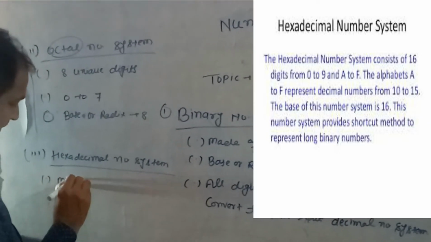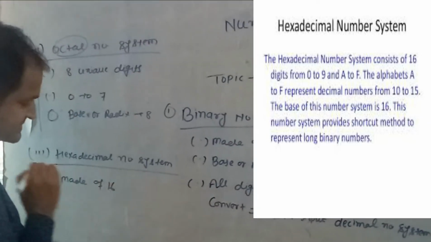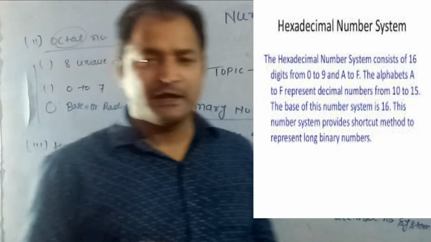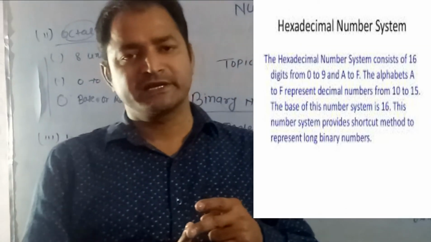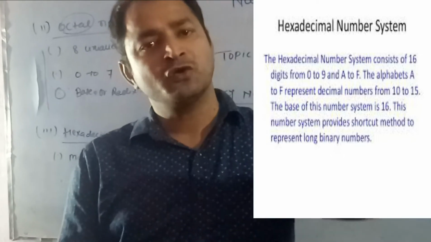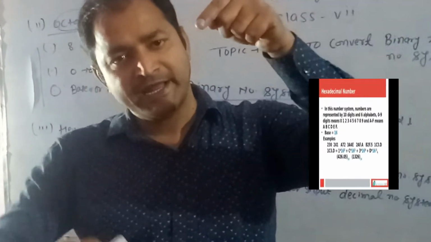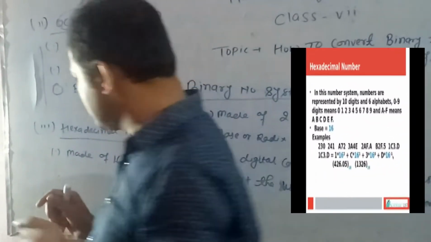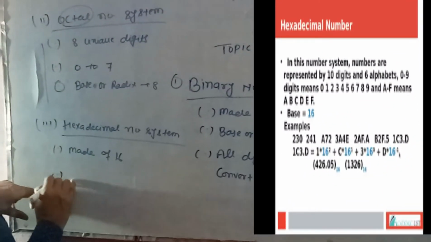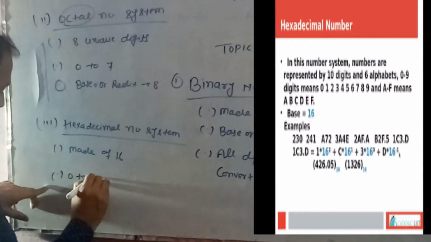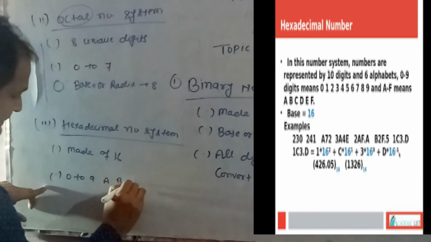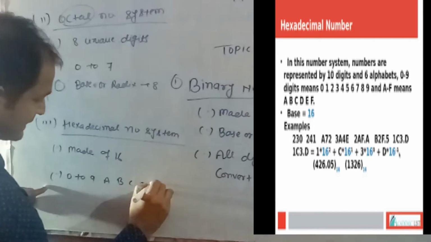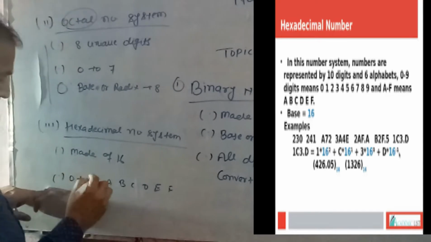The unique digits represent 0 to 9, A, B, C, D, E, F.